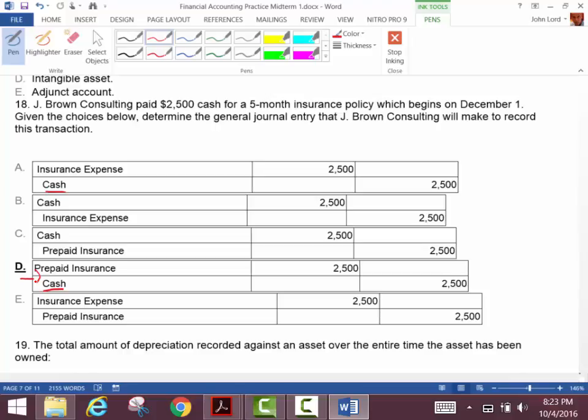With me so far? Now, let me ask you something that's not asked here. If we have a $2,500 insurance policy and it has 5 months on it, what is going to be the expense per month? $500? Okay, so what journal entry do you want to make on 12/31?